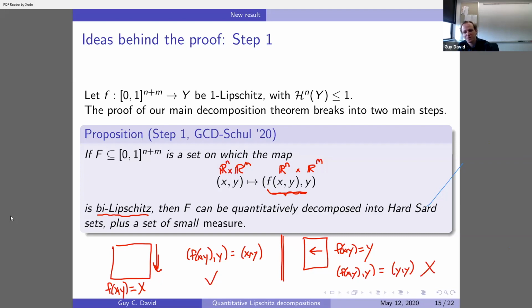The mapping y comma y is not bi-Lipschitz. So somehow you have to do something else. But what step 1 says is, if you're in the scenario where you can supplement by this y coordinate to get a bi-Lipschitz mapping, then you're essentially done.